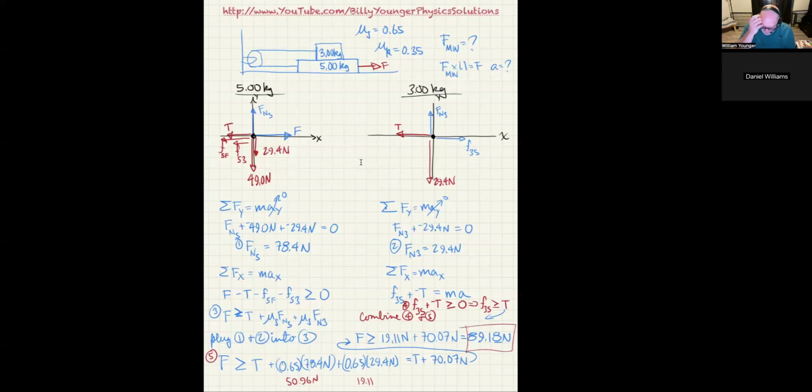So what they want you to use now is let F be 89.18 times 1.1, and then calculate it not with the coefficient of static friction, but with the coefficient of kinetic friction. So everywhere you saw mu sub s, you're going to replace that with mu sub k, which is 0.35.